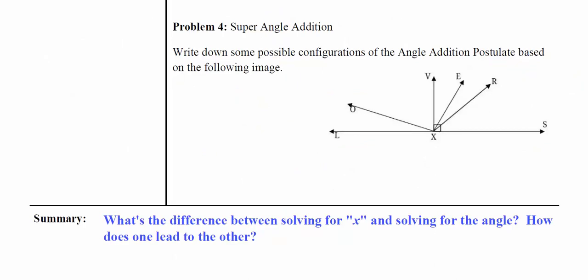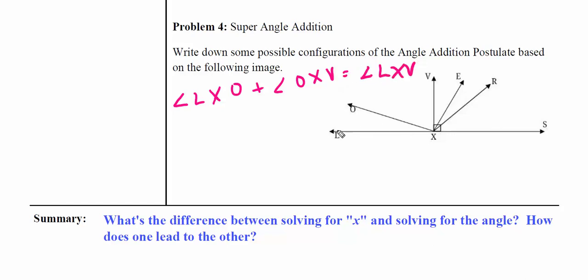Here are many, many, many angles. Let's go ahead and write a few possible configurations. A good practice and preparation would be to write every possible combination you can think of with this image. So let's start off with, for example, angle LXO plus angle OXV equals angle LXV.